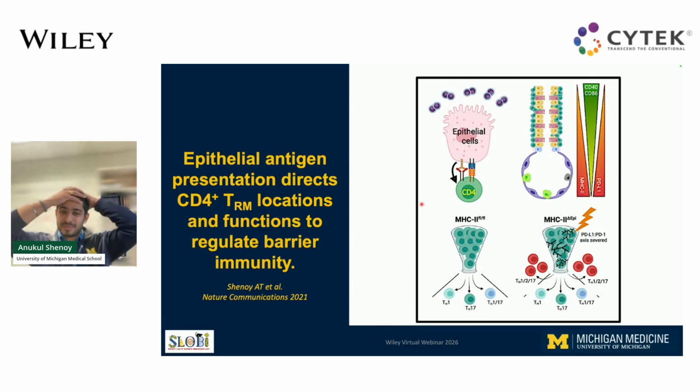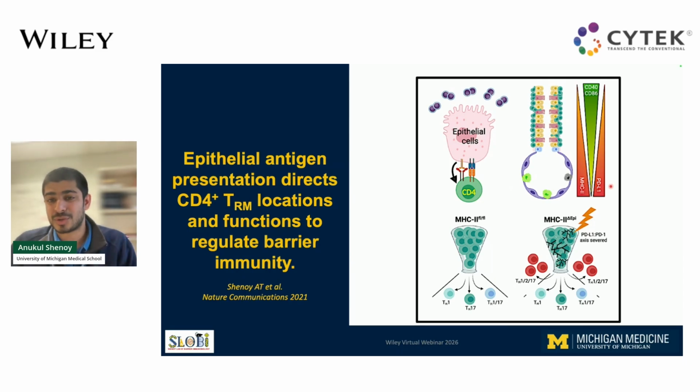So hopefully from this work, one of the things I hope to convey is that the conversation between T cells and epithelial cells is not a one-way street. In fact, in some spectral cytometry data that I have not talked about today, we also show that different epithelial cells express different types of co-stimulatory molecules, and alveolar epithelial cells express a lot of PDL1.